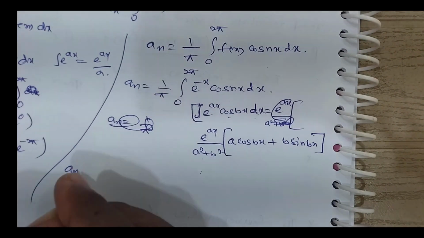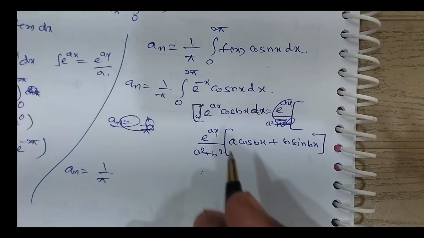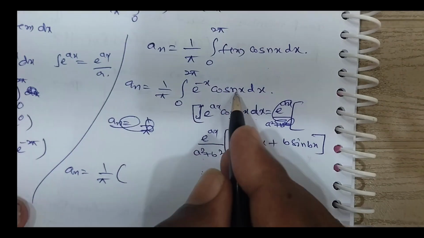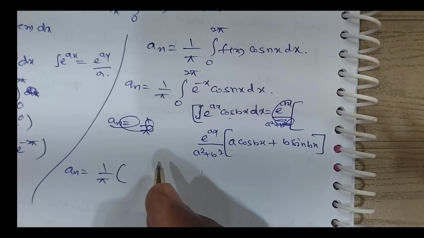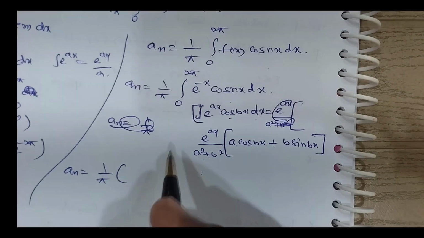Then a n is equal to 1 by pi into integration. Apply the integration. Here a is equal to minus 1, b is equal to n.